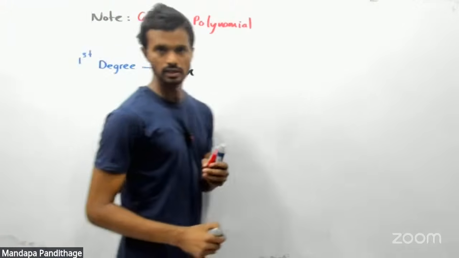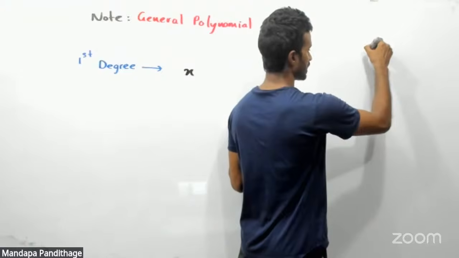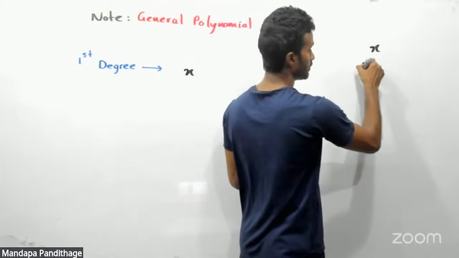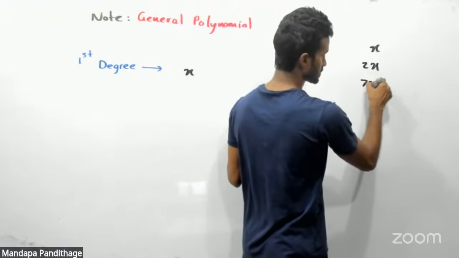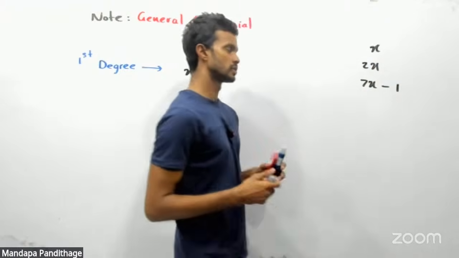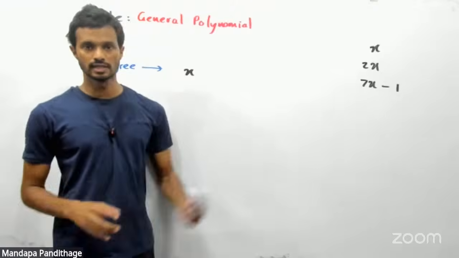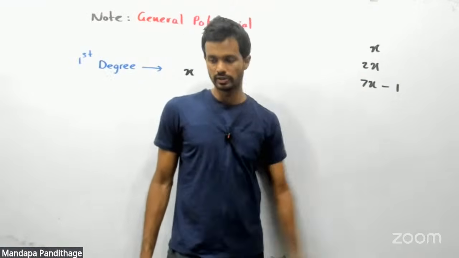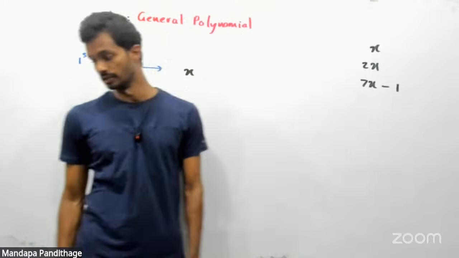And now look at this, I'm asking a question. What can you say about the degrees of these three polynomials? We have x, we have 2x, we have 7x minus 1. Let's say these are f(x), f(x), f(x). Tell me, what can you say about the degrees of these three polynomials?